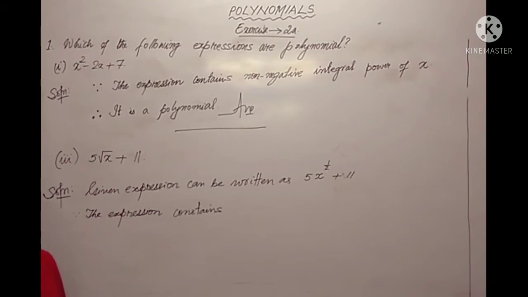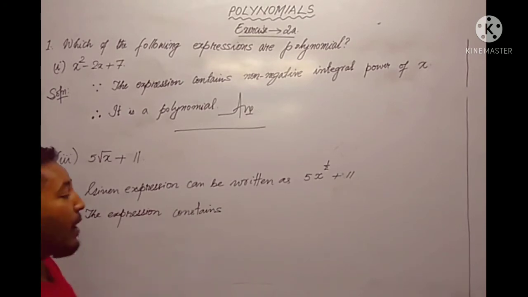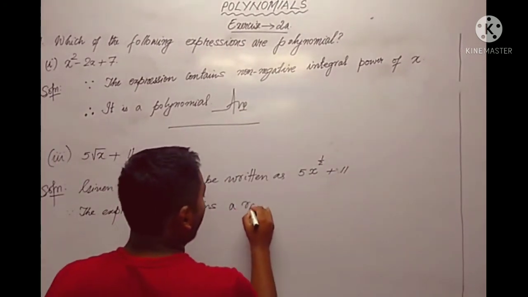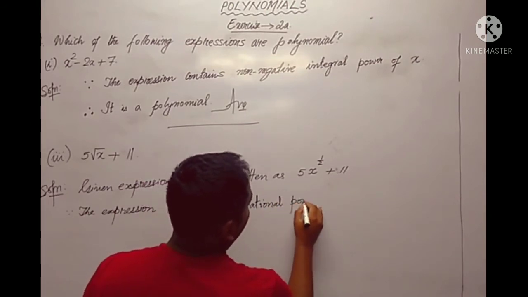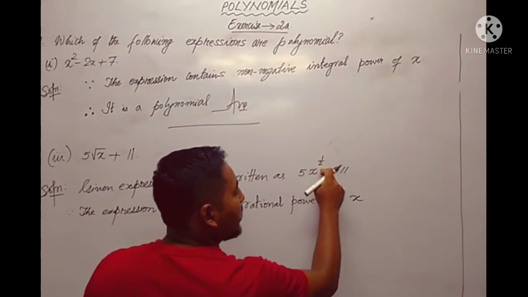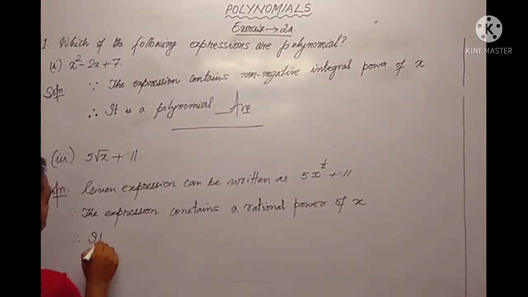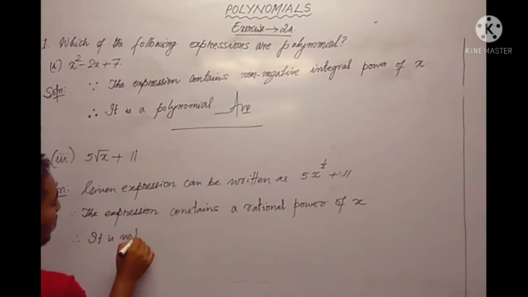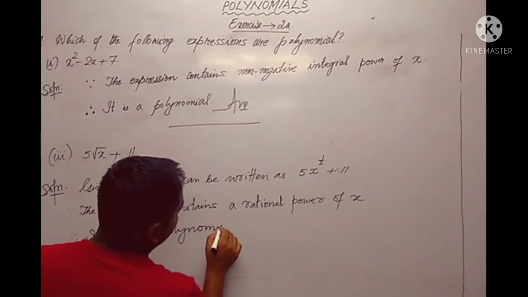So you write down, since the expression contains a rational power of x, which is in the form of a rational number 1 by 2, therefore it is not a polynomial.